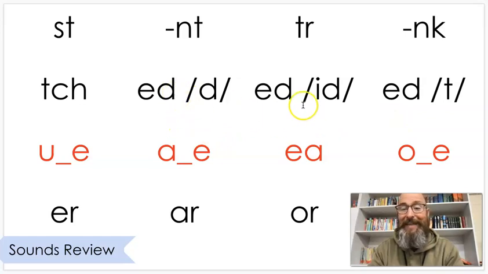D, id, t, u, a, e, o, r, or. Now, are you ready for some silent blending? Remember, don't say the word until I have finished with it. And actually, I just realized I did not make my slide, so I'm just going to point and see if you can read the words for me.